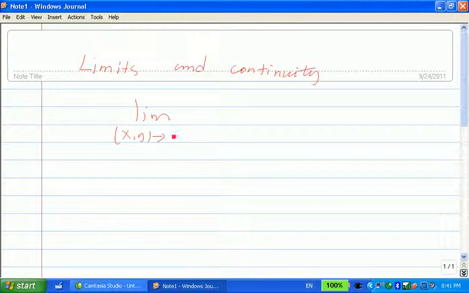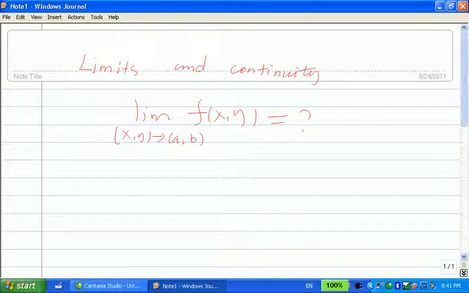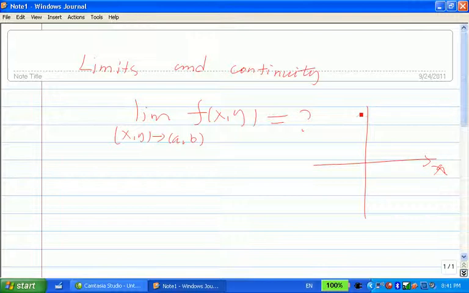The limit as (x, y) goes to (a, b) of f(x, y). What does this mean? Here's x, here's y. Remember, f(x, y) is a surface above, say, this xy plane.